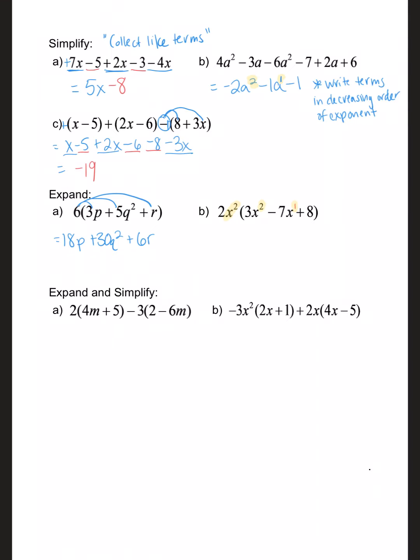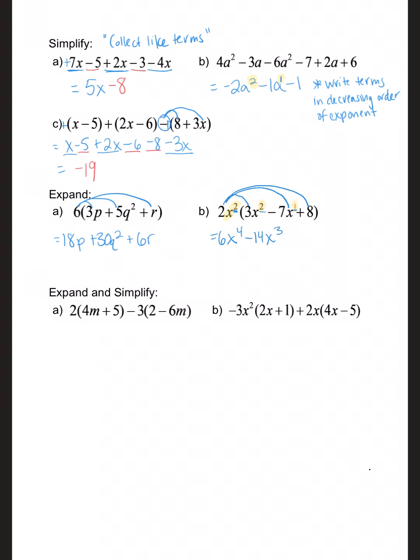All right, so let's distribute this in. So if we have 2x squared times everything inside this bracket. So 2 times 3 is going to be 6x, and then I have an exponent of 2 and 2. We're going to add those to get an exponent of 4. And we have 2x squared times a negative 7x, so that's going to be a negative 14x, and then we add those exponents of 2 and 1, we get 3.